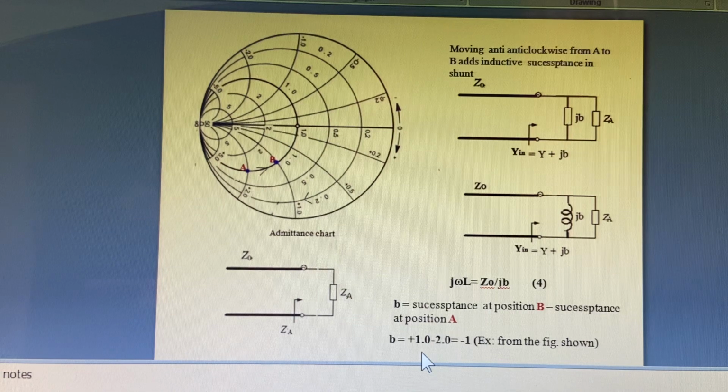So it is 1 minus 2, that means minus 1. You should substitute that value here to get the value of the inductor. Like this, we can find the value of the added element using this procedure while moving on constant conductance circles.